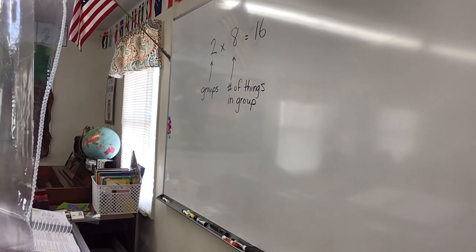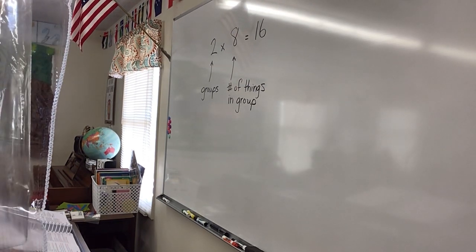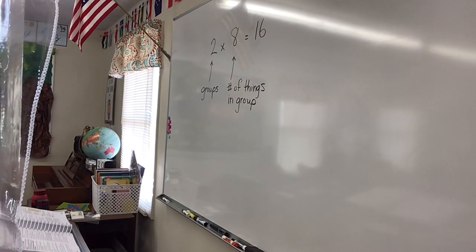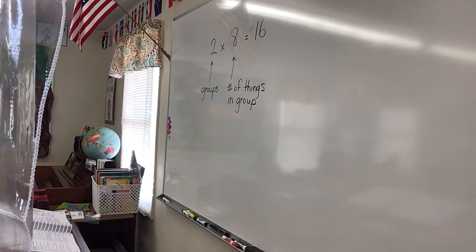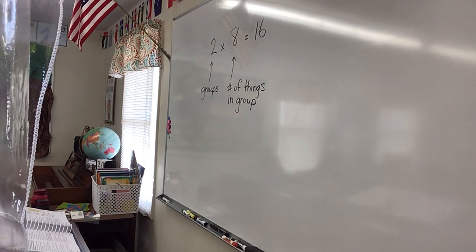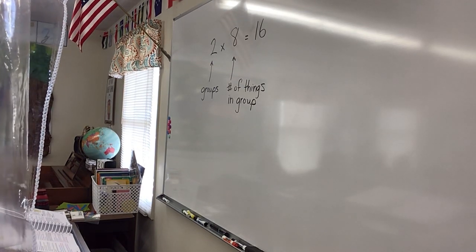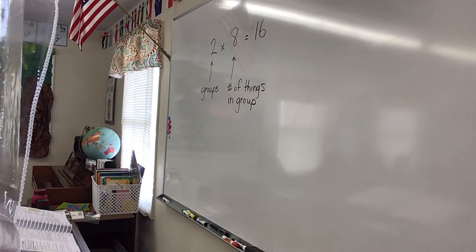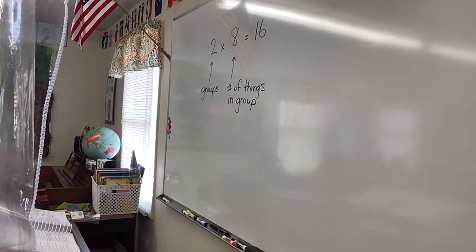All right, I'm going to give you a digit, and you tell me what place it's in on my chart. 5. Tens. 1. 10 millions. 2. 1.